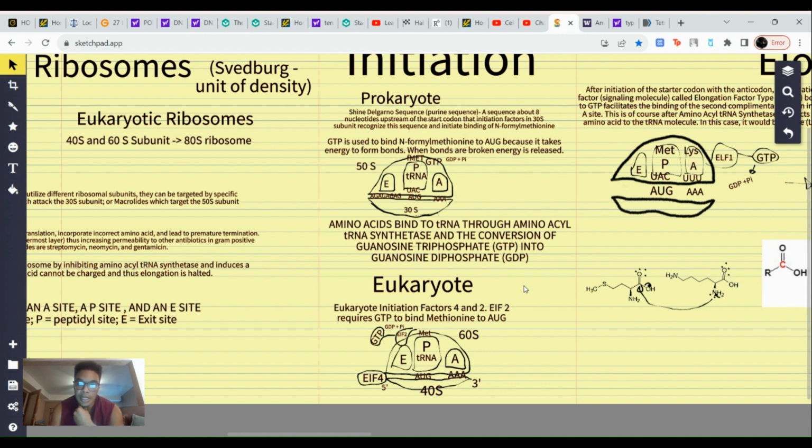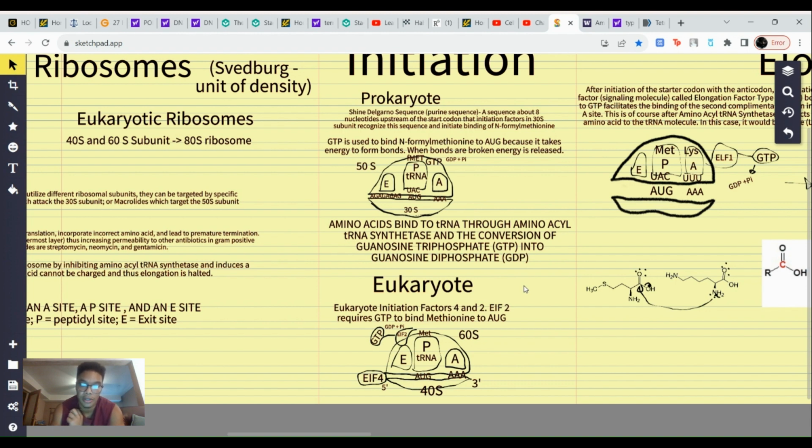In eukaryotes, instead of using the Shine-Dalgarno sequence to signal binding of that initial tRNA segment, eukaryotes use initiation factor 4 to line it up, and they use eukaryotic initiation factor 2, which requires GTP, to bind methionine to AUG. So basically, eukaryotic initiation factor 4 starts the process.